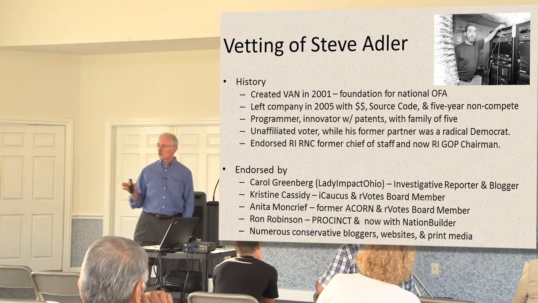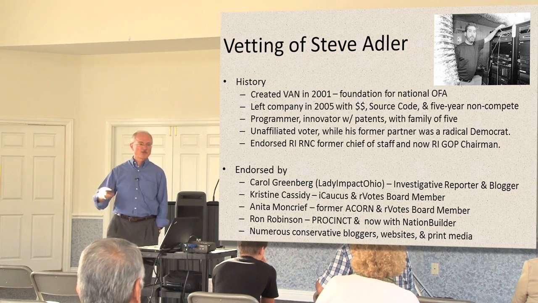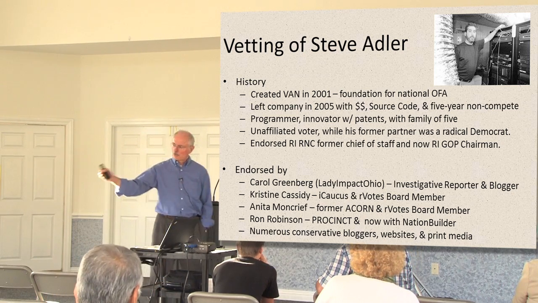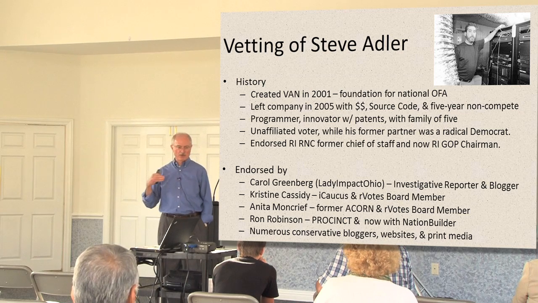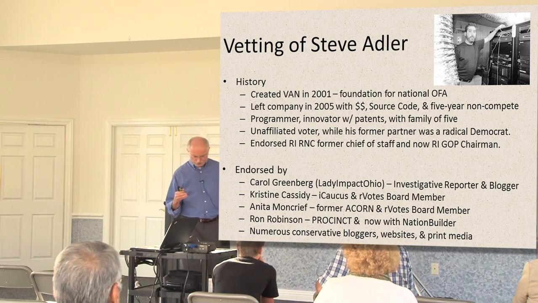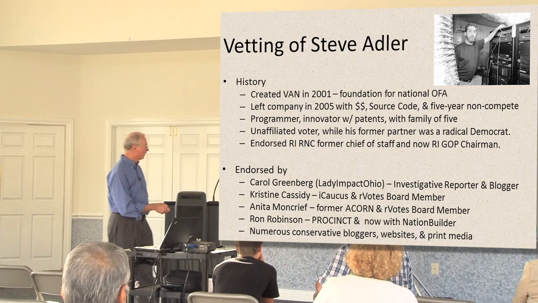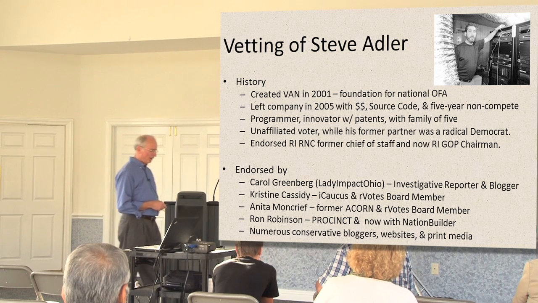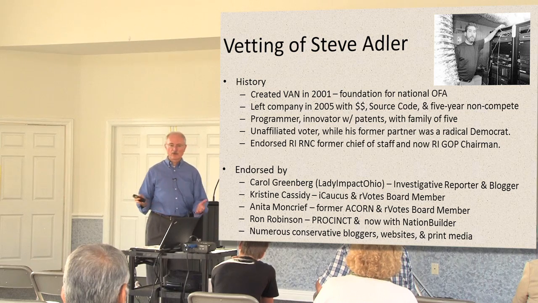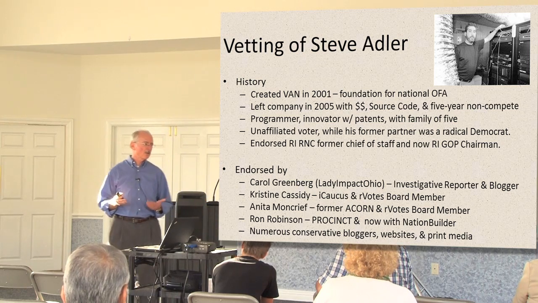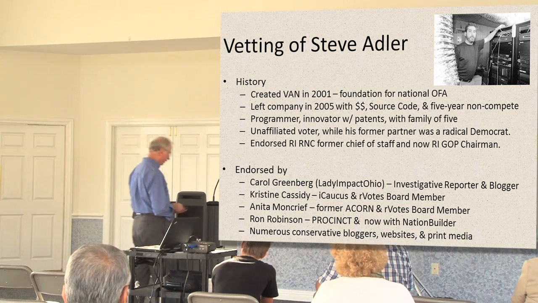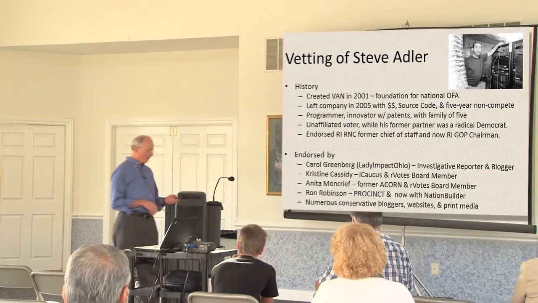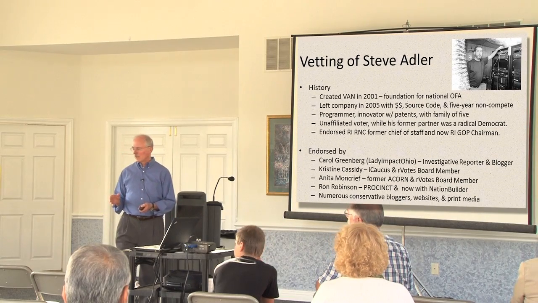ProSync is actually a program that attempts to create walking lists off of voter records from the Board of Elections. And he's come out and even endorsed Nation Builder, rVotes. He's with Red State, quite a well-known blogger on Red State, the blogging site. So anyway, Steve Adler can be trusted.